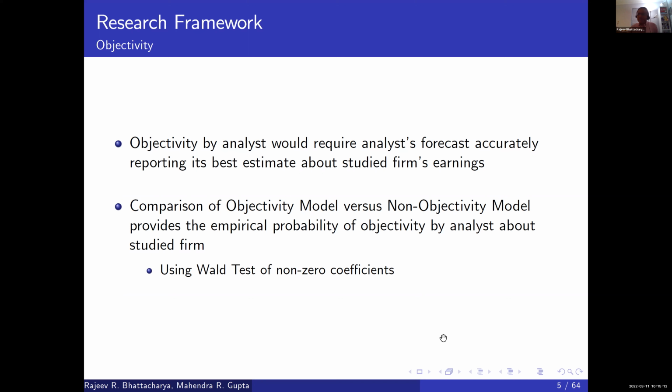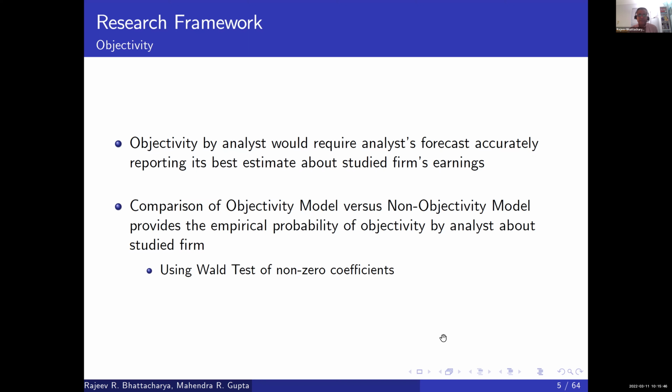Objectivity is much more straightforward: the analyst forecast should be exactly equal to its best estimate of the studied firm's earnings. We'll get much more explicit about what this all means. Again, we'll take the Bayesian approach. We'll compare the objectivity model with the non-objectivity model, and the Wald test will give us the empirical probability, asymptotically again.